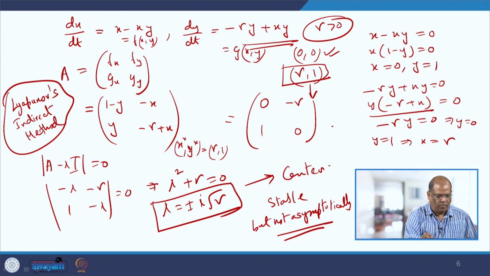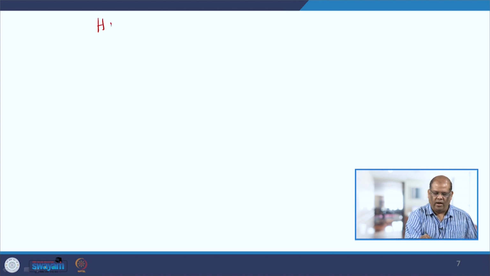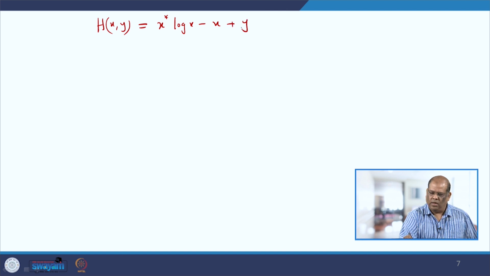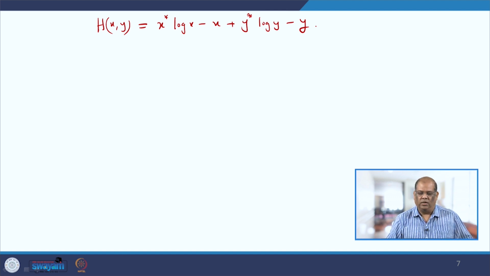Like in this problem, let us define a function h(x,y), which is say x star log x minus x plus y star log y minus y. Now, obviously, you will be wondering how suddenly this function has come. As I told you, it will come with practice and with various examples, where you will see many forms of this Lyapunov function, and when you take an unknown problem, you will be able to figure it out.